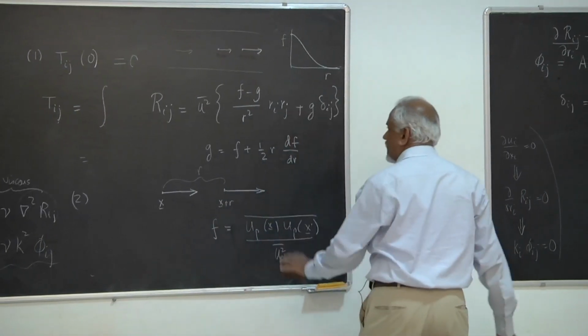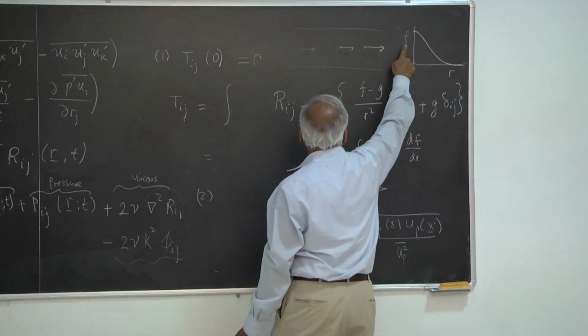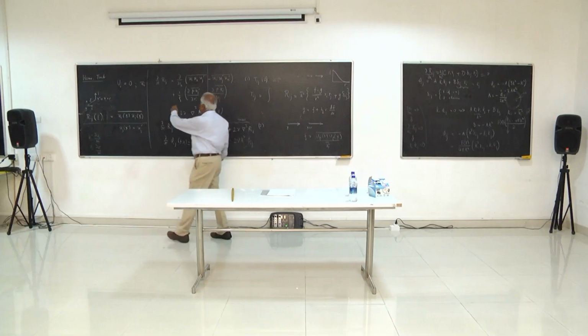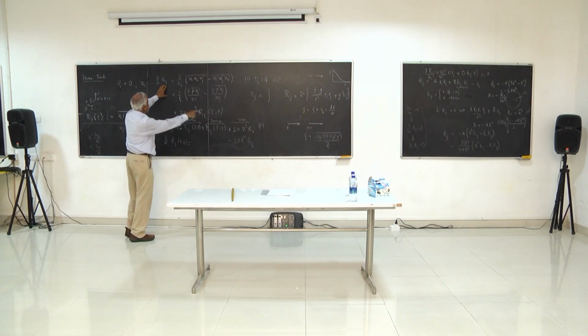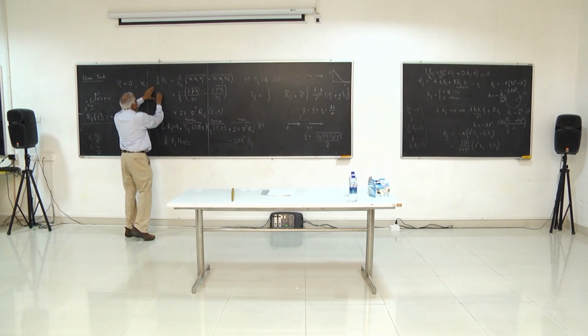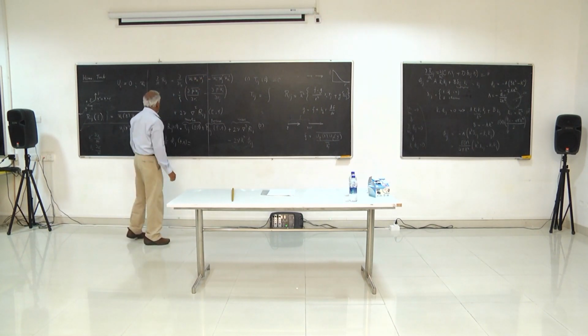So the whole analysis will boil down to finding out what this f is, because we wrote down this R_ij. Instead of R_ij, I can reduce it all to f. So the equation simply becomes df/dt and all these other terms.